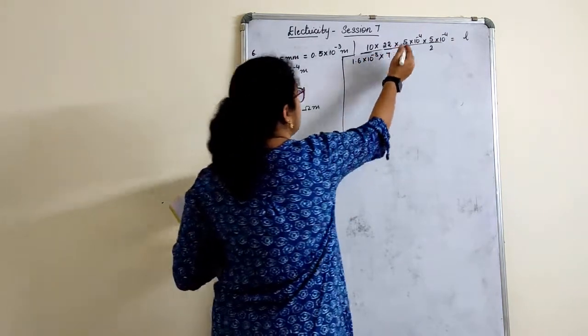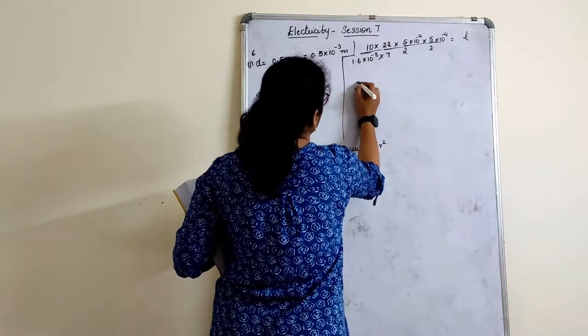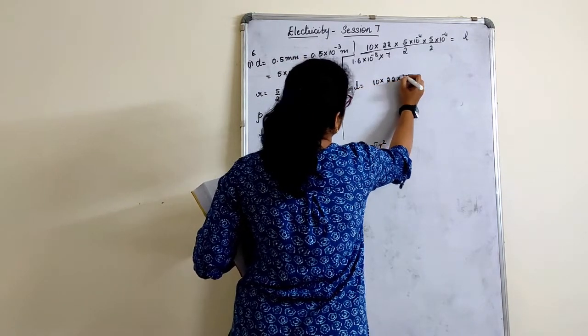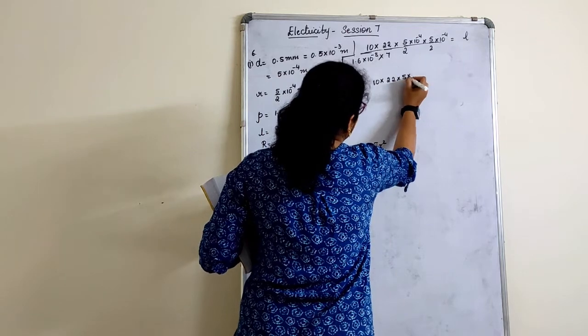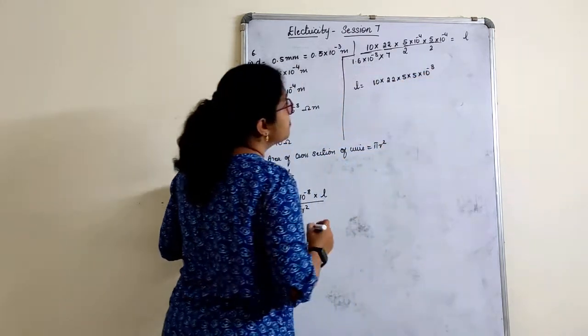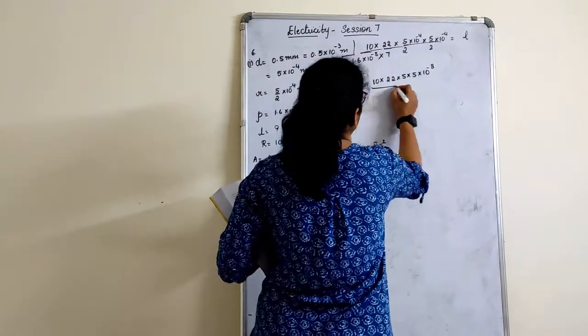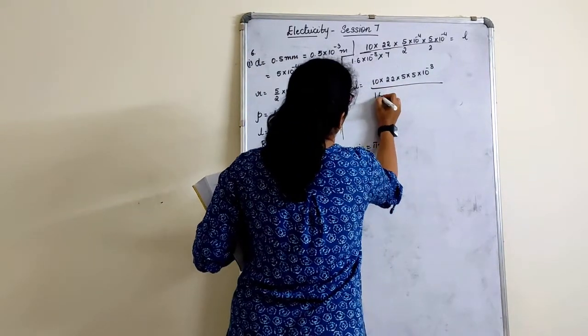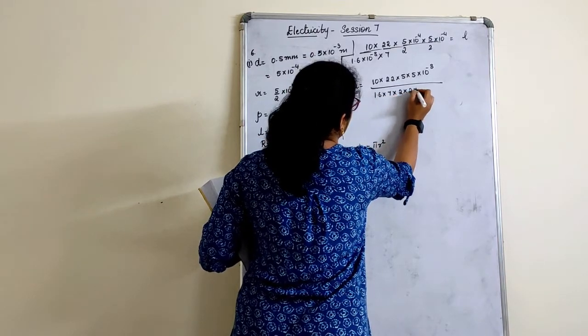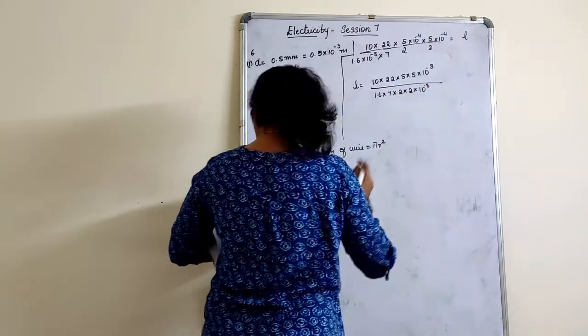Let's segregate them and write it neatly now. L is equal to 10 into 22 into 5 into 5 into 10 raised to minus 8, divided by 1.6 into 7 into 2 into 2 into 10 raised to minus 8.